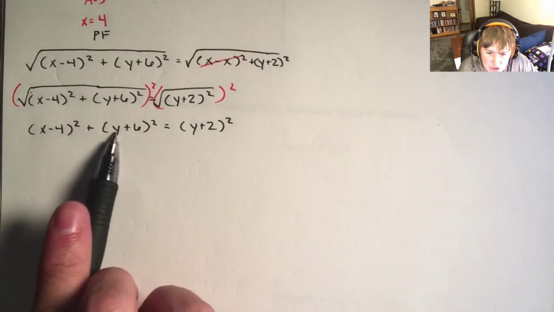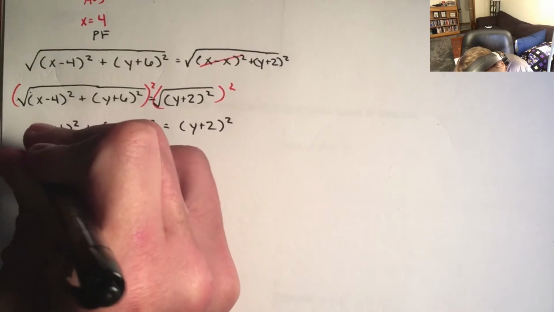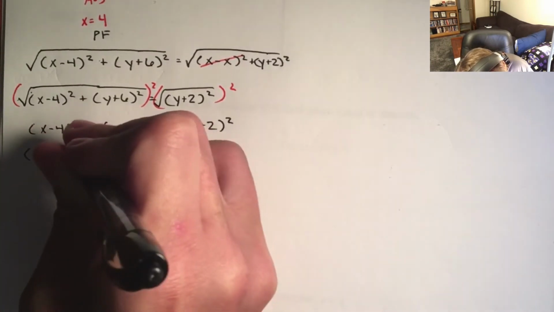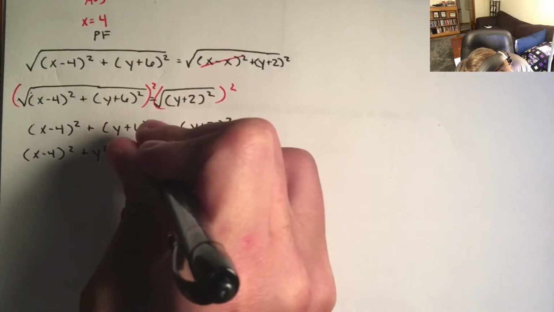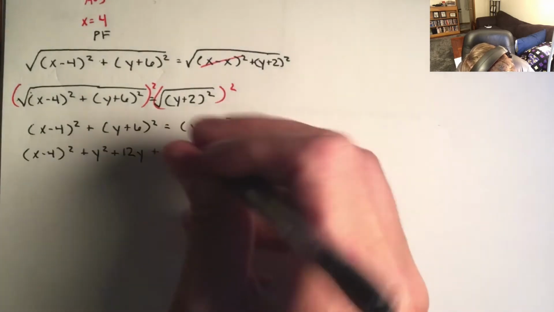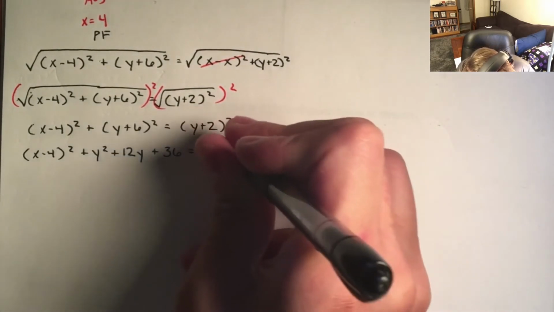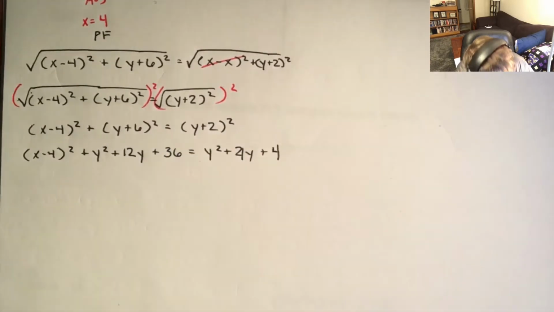Okay, so let's expand this. Again, use the box method to expand this and this. This is x minus 4 squared. This is going to be y squared plus 12y plus 36. And this is going to be y squared plus 2y plus 2y plus 4, which is y squared plus 4y plus 4.